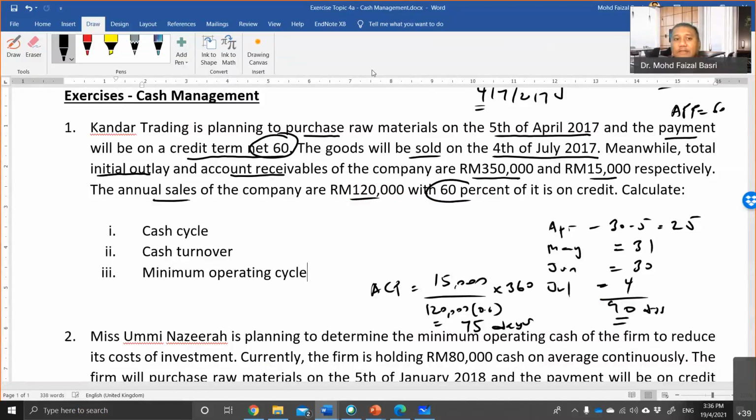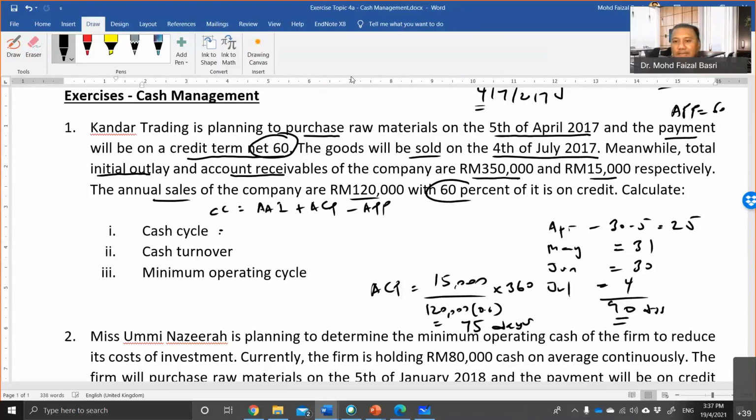Okay, so the APP would be 60 days. So now we have all three items. The AAI, 90 days. The ACP, 75 days. And APP, 60 days. So if you recall, the formula is AAI plus ACP and minus APP.